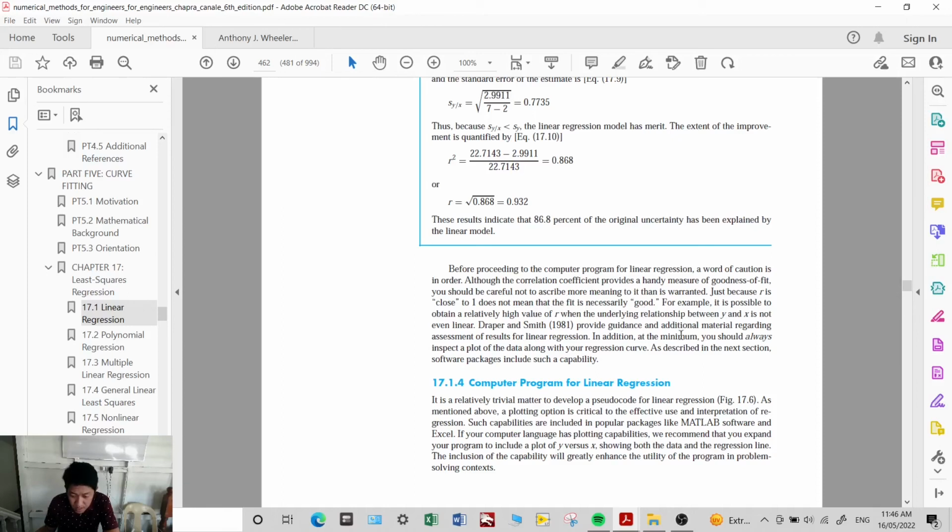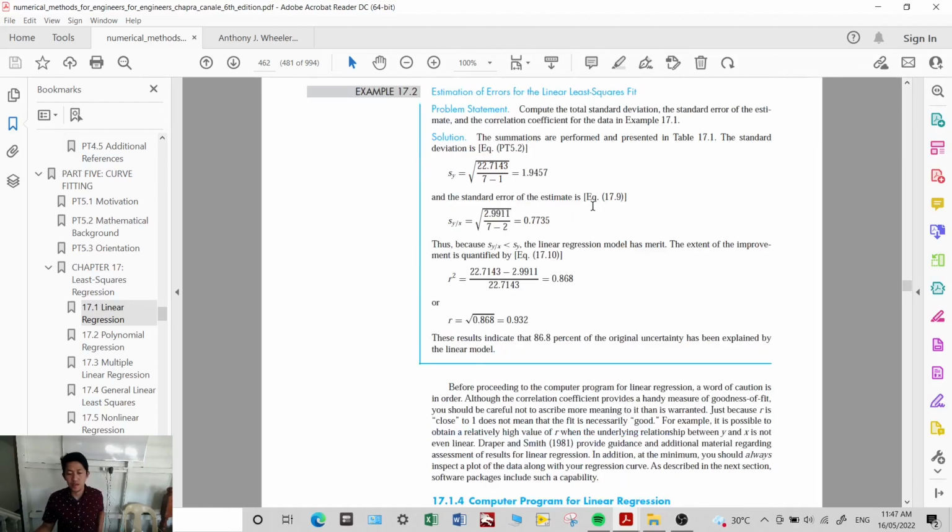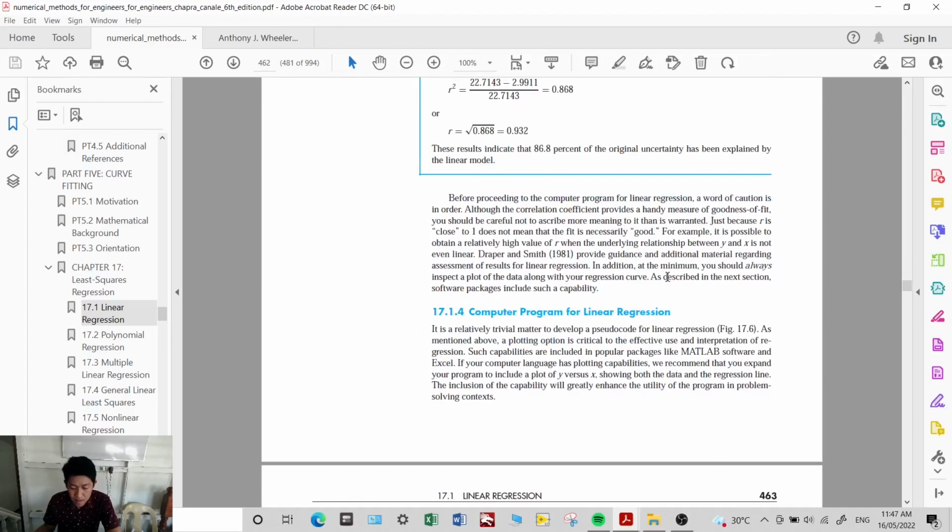Although it is our primary basis, you also need to inspect the plot of the data to see if it can be linear. So you still need to plot the data. But if your r is close to 1, that is a very okay representation. You just need to check.